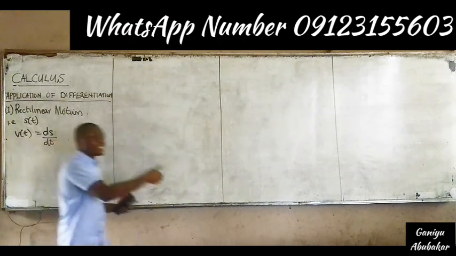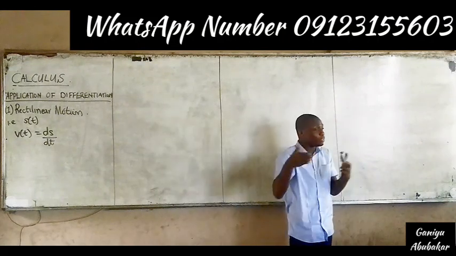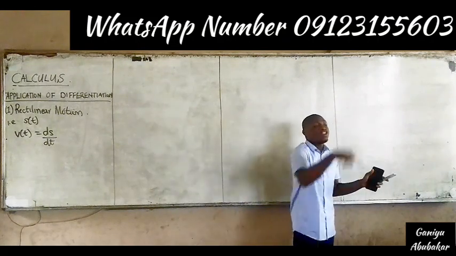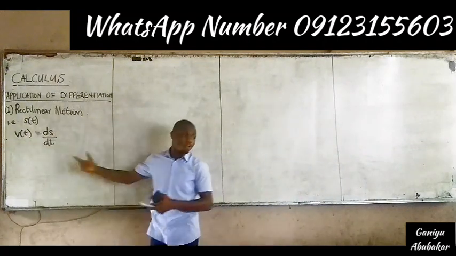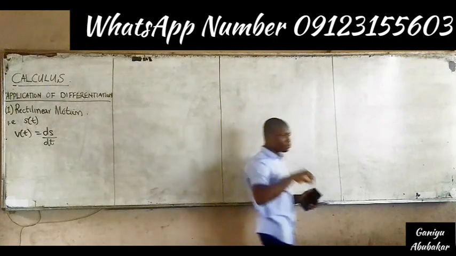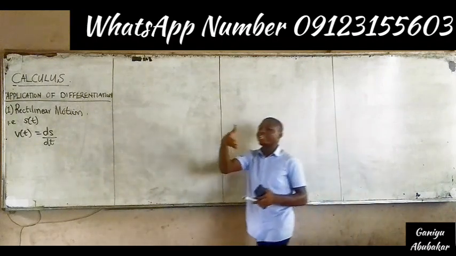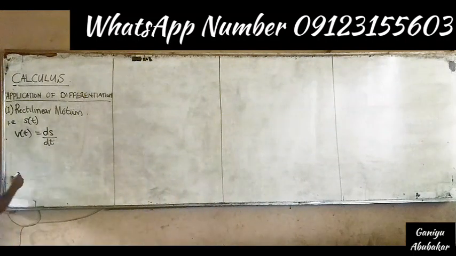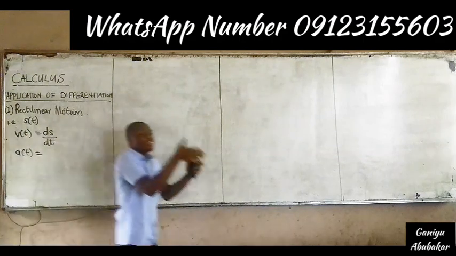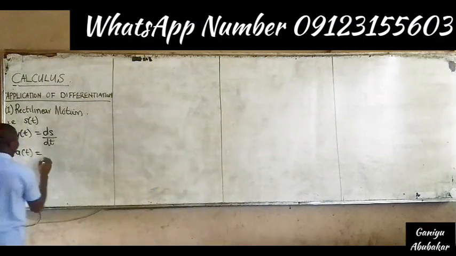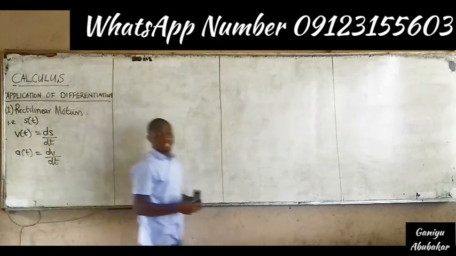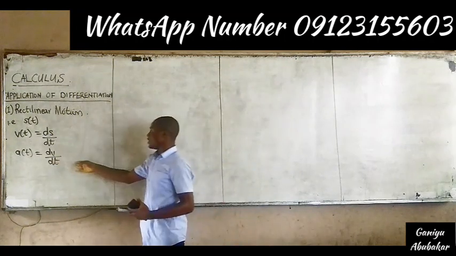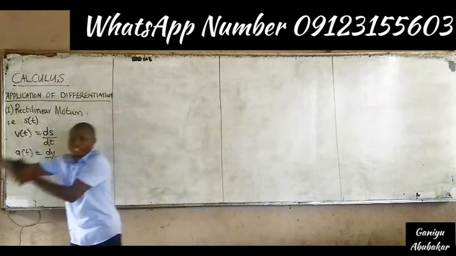So given distance or displacement as a function of time, recall that velocity is the rate of change of displacement with time. Also recall that acceleration is the rate of change of velocity. So that becomes dv over dt, the rate of change of velocity with time.